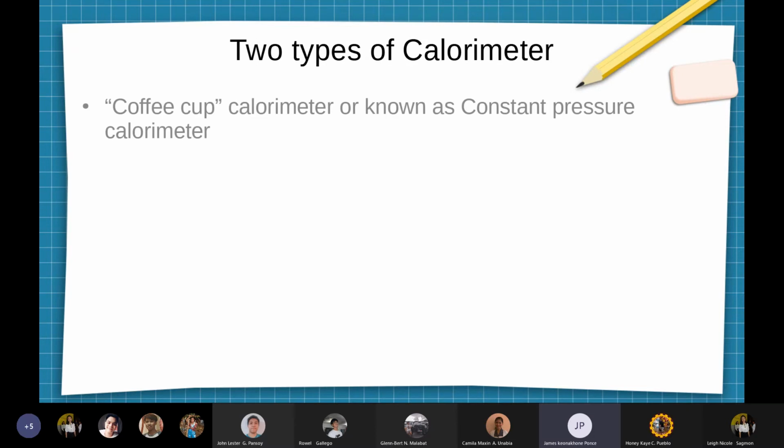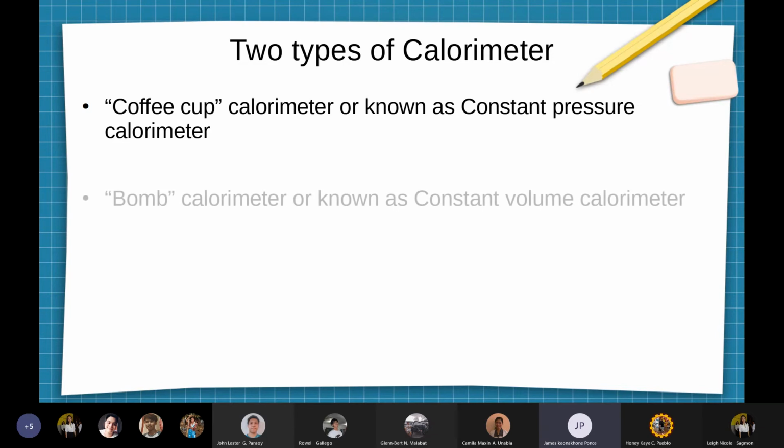First is a coffee cup calorimeter, or known as constant pressure calorimeter. This is the most basic and common calorimeter that you can make even in your homes. You just need two coffee cups, a thermometer, and a stirrer. The next one is the bomb calorimeter, or known as constant volume calorimeter.